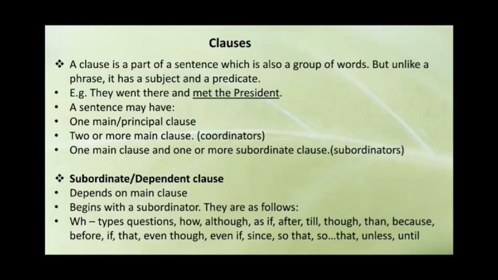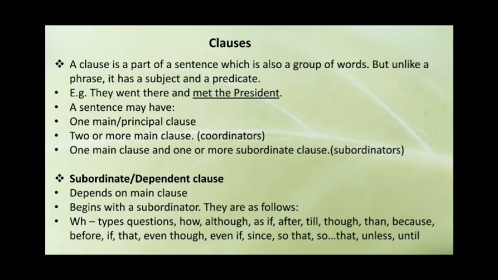A subordinate clause is also called a dependent clause. So children, a subordinate clause depends on the main clause. That means when you are reading a whole sentence, the part of the sentence that needs the other part of the sentence is called the subordinate or dependent clause.